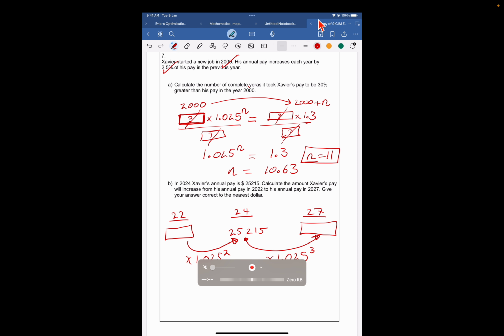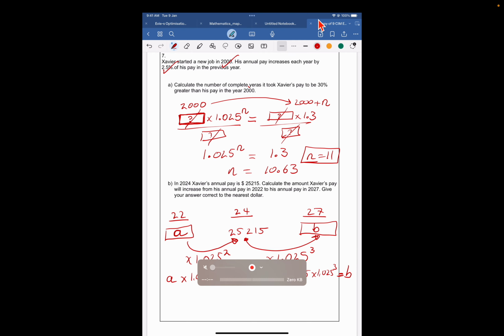Okay, so that's key. I will call this A here, I will call this B here. So you can see that A times 1.025 squared equals 25,215, and you see here 25,215 times by 1.025 cubed equals B.